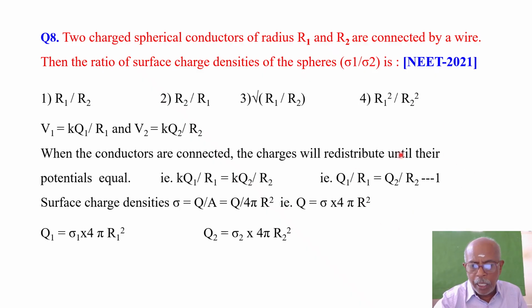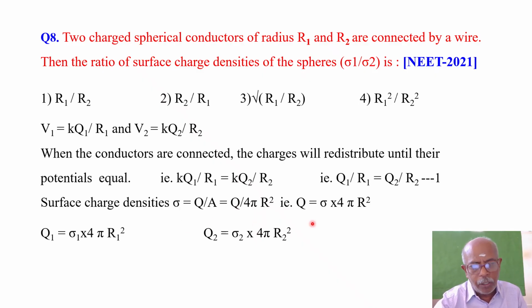The equation for the surface charge density is sigma is equal to Q by A. What is Q? Charge on the sphere. What is A? Area of the sphere. The area of the sphere is 4 pi r square. So sigma is Q by 4 pi r square. Now bring 4 pi r square to the other side.